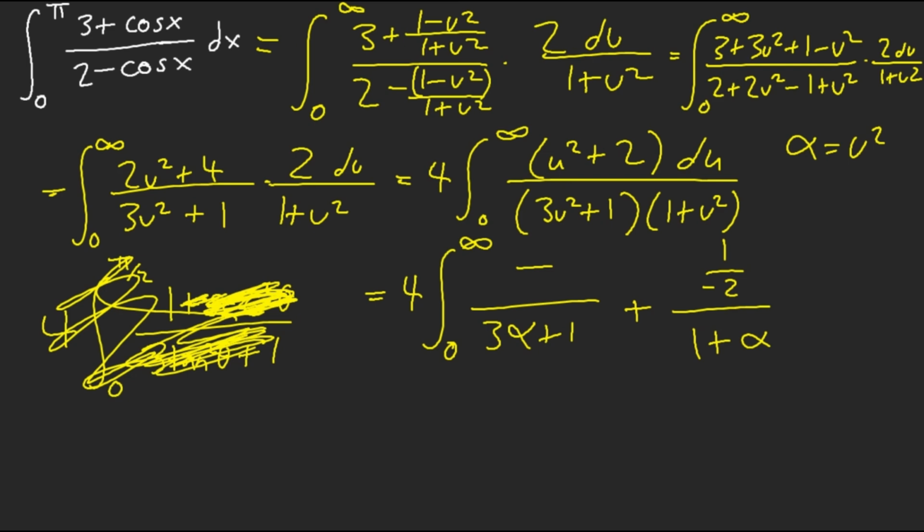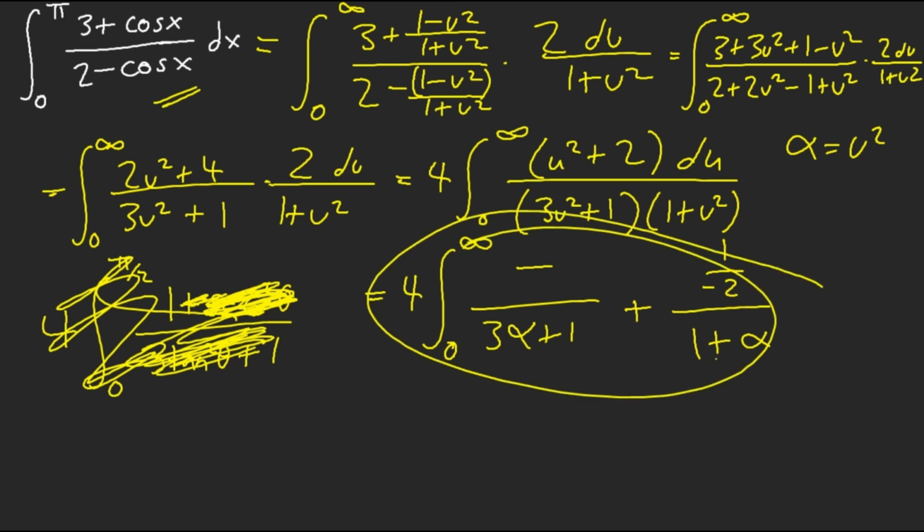Oh, it's horrible. It's god awful. This is from Gmain, and they have no mercy with all this. But you get the idea. You do partial fractions, and then you have to suffer your way out.